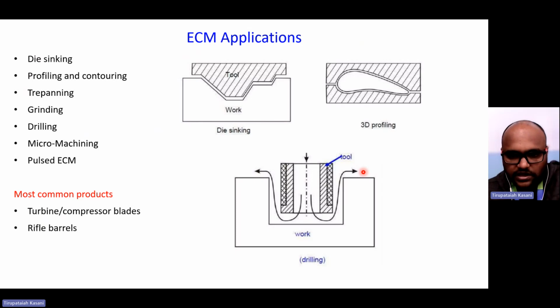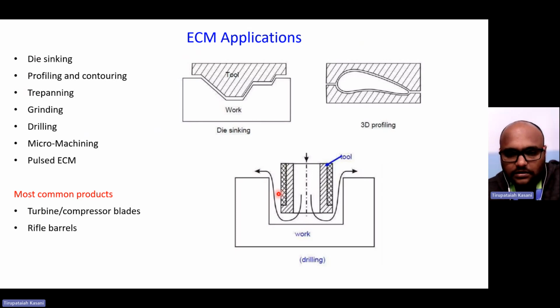See here, this is the tool portion and this is the mask region. Why? Because the mask region will be provided in this portion to protect the tool from the reaction of the electrolyte. Here the reaction is required to remove the material. But if the reaction happens with the electrolyte at the tool as well, a chemical reaction will happen and material will be removed from both ends.